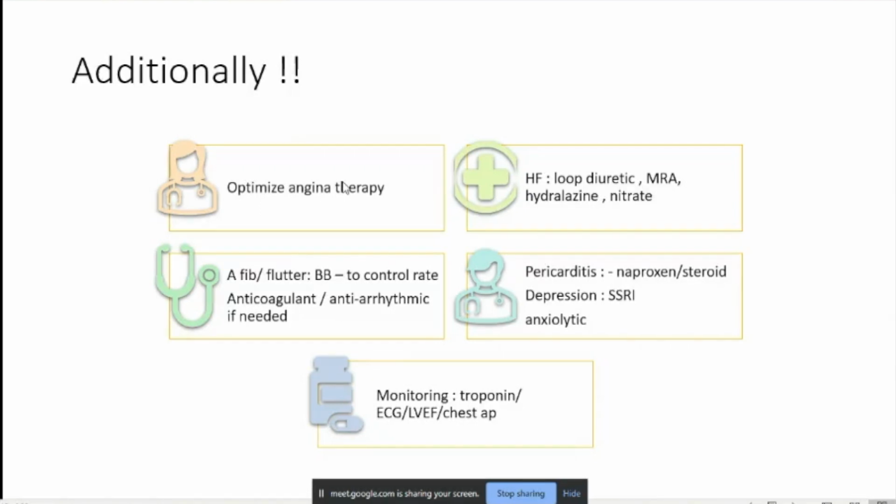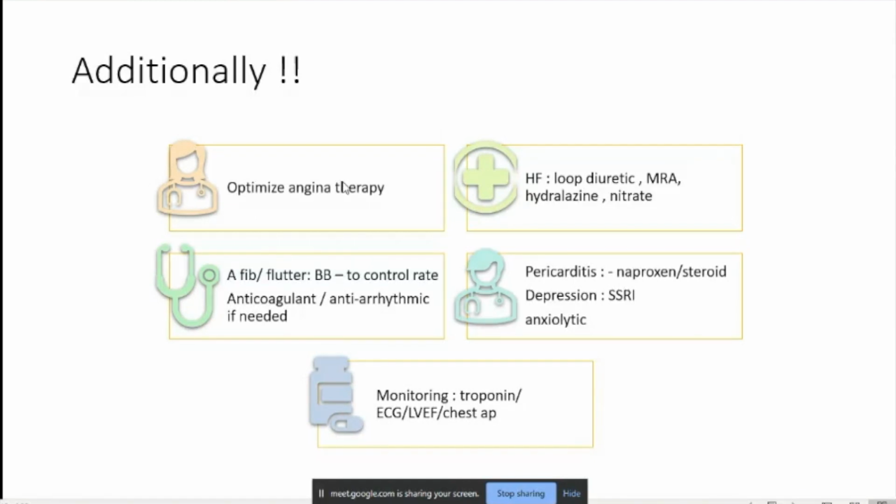But here, if the patient has AFib or flutter, we give beta blockers to control the heart rate, and we have to optimize the strength of the beta blocker. We also give anticoagulants or antiarrhythmics if needed in those categories.